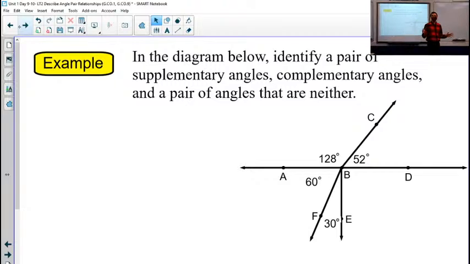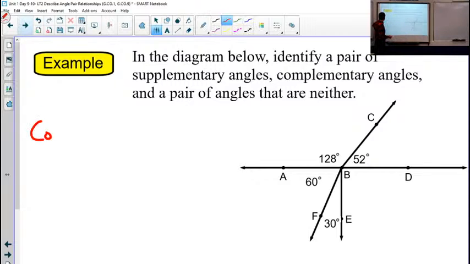So let's start with those terms. First off, any two angles that are next to each other, so these two angles, these two angles, these two angles, are adjacent. They're touching. They're right next to each other in the diagram. But if I'm interested in complementary and supplementary, then I'm interested in what their measurements are adding to.